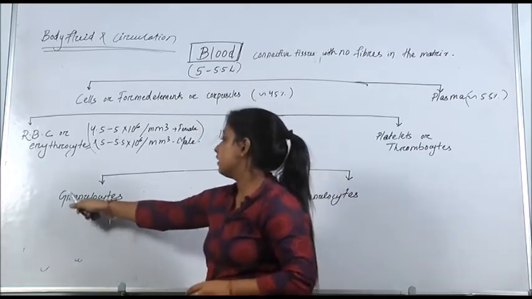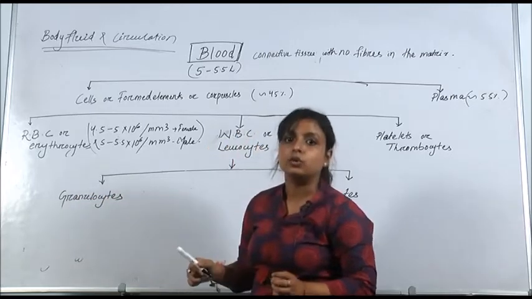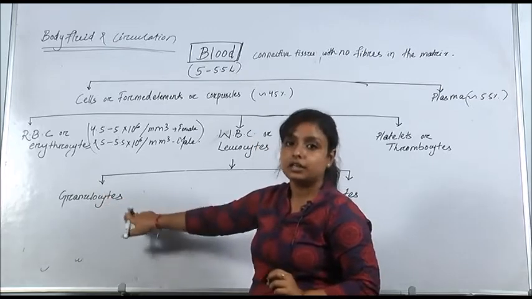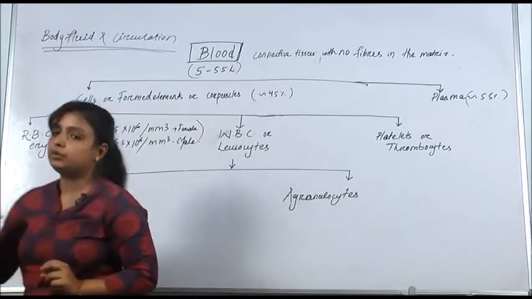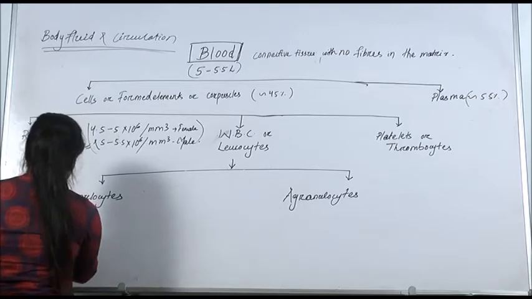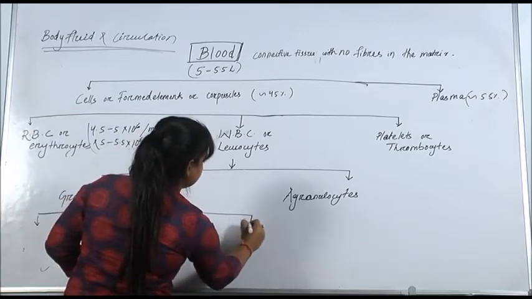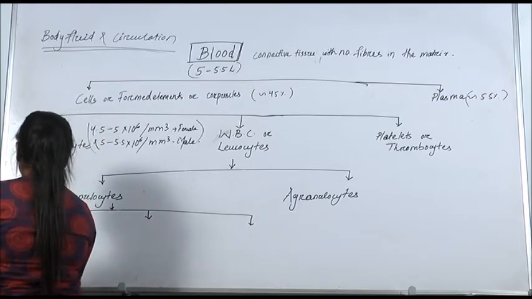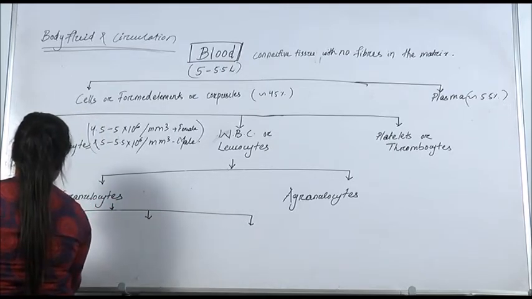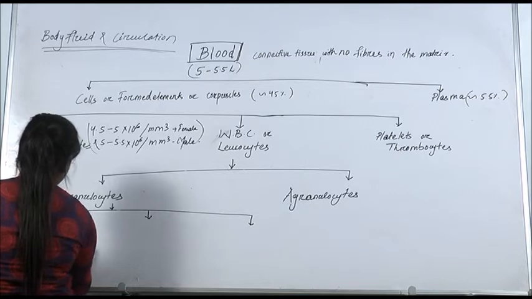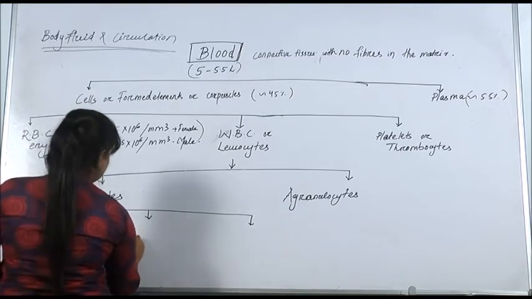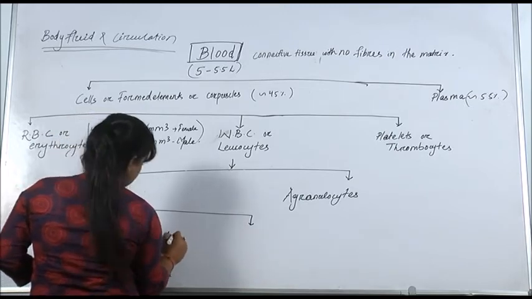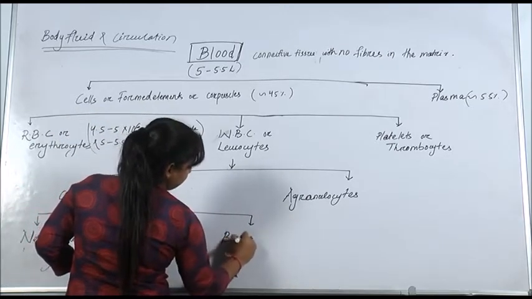The name suggests granulocyte, cyte means cell, granulo means granules. So the granule containing cells are known as granulocytes. The granulocytes are again divided into three types: neutrophils, eosinophils and the basophils.